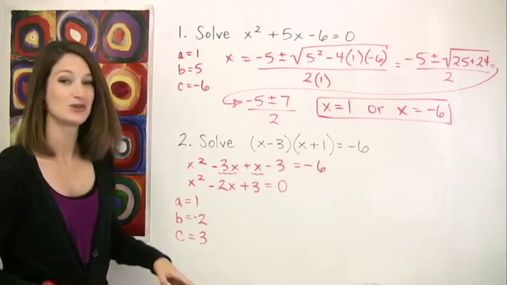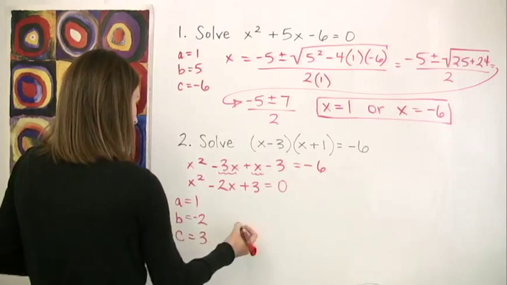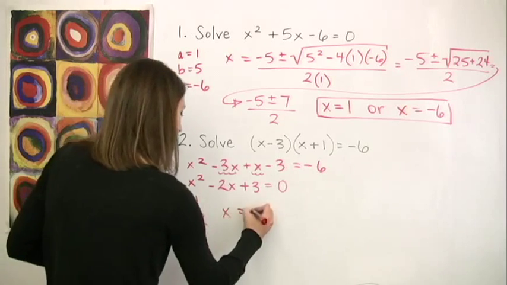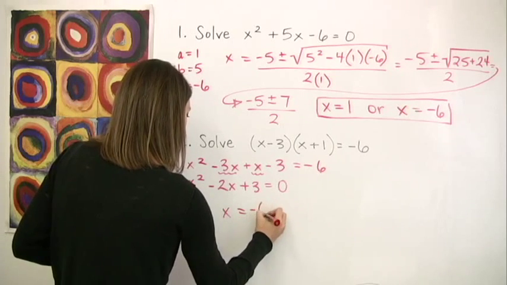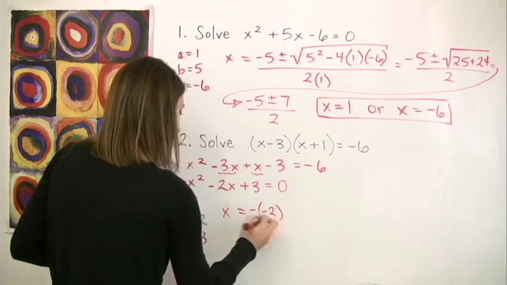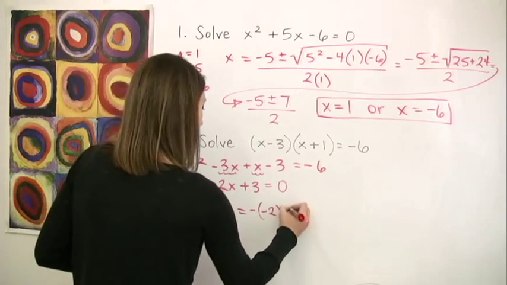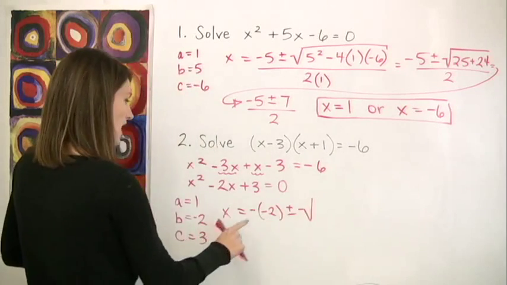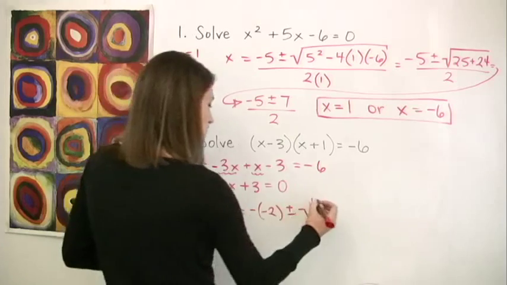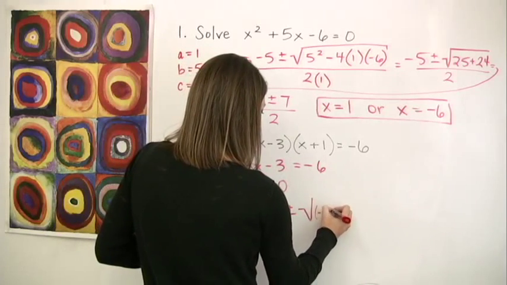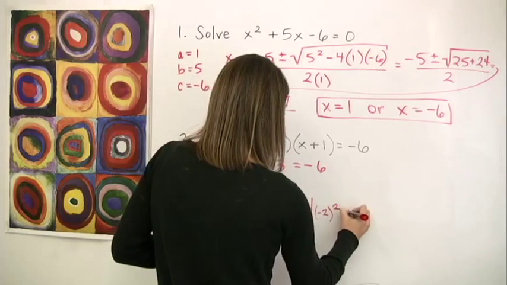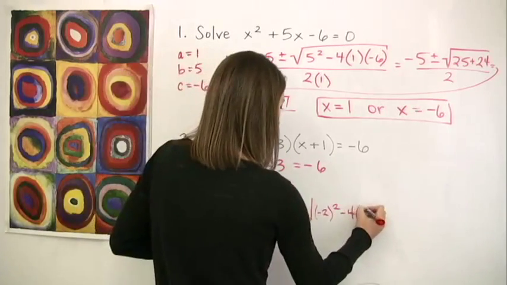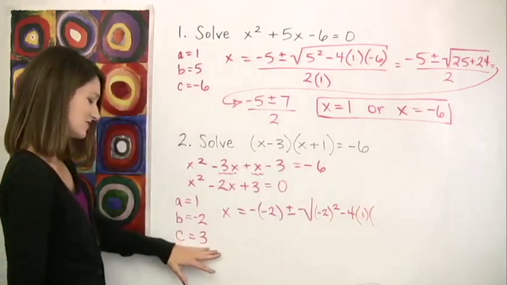So then we plug these values into our formula. So we have our formula starts with an x equals and then negative b. So if b is equal to -2, we have negative of -2, then plus or minus the square root of b squared. So -2 squared minus 4ac. A is 1 and c is 3.